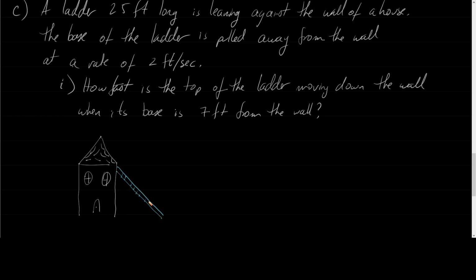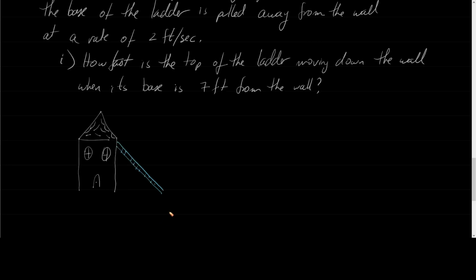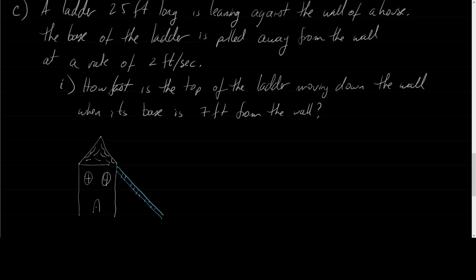Now, this ladder is being pulled away from the wall at a rate of 2 feet per second. So that tells me here, well, let's name some of these sides. In general, I like to name horizontal things x and vertical stuff y. All right. So in here, this distance is x. So we're naming that x, the distance between the wall and the base. And this one over here is going to be y.